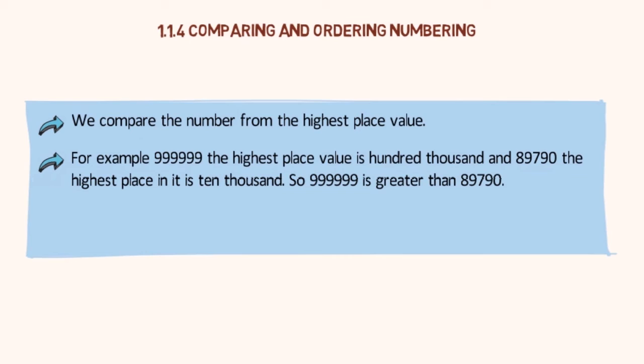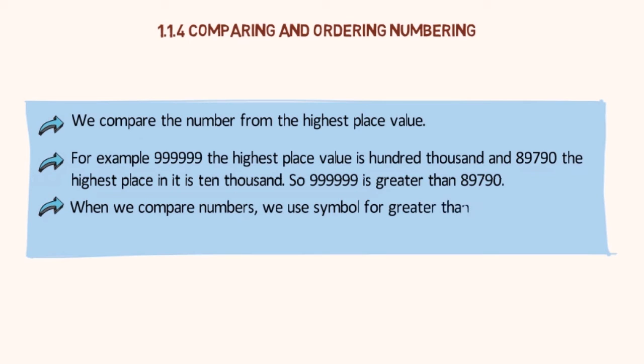So 999,999 is greater than 89,790. When we compare numbers, we use the symbols for greater than and less than.